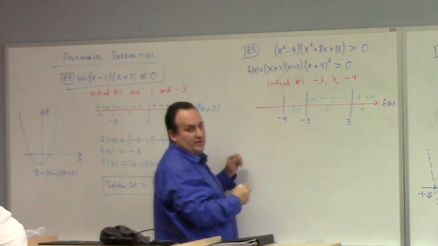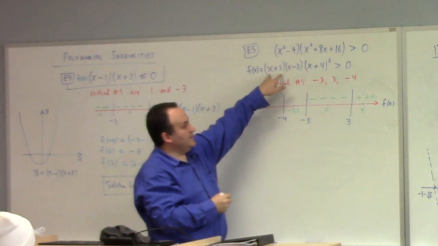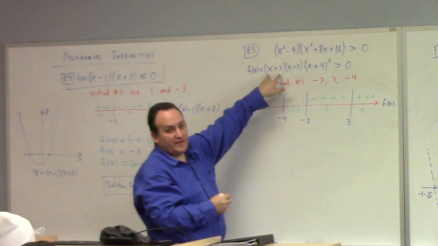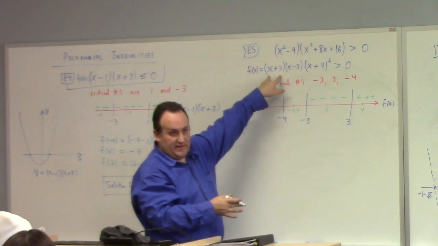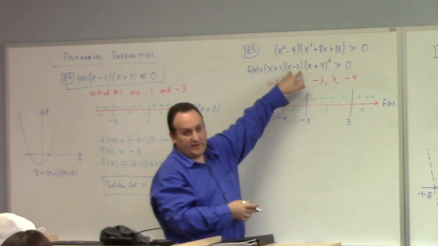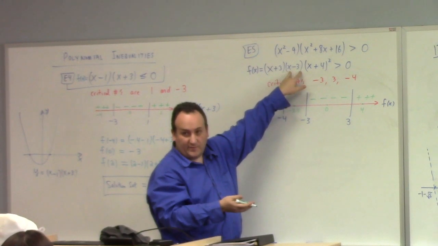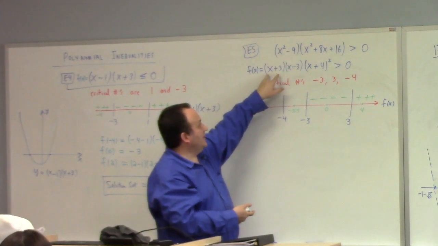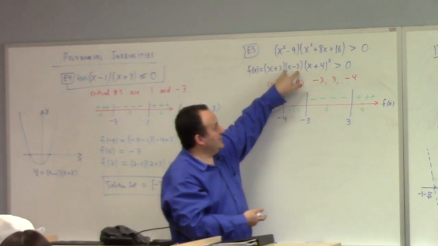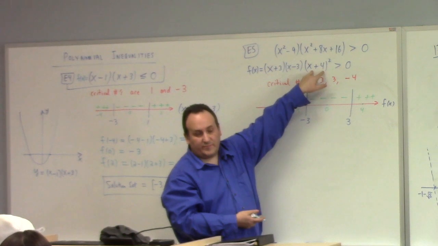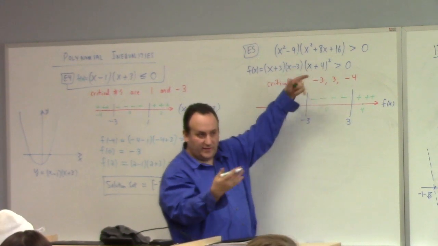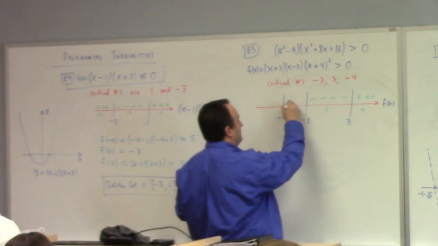If you plug -3.5 into this expression, what happens? -3.5 plus 3 is what? Negative. So this is negative. -3.5 minus 3 is -6.5. This is negative. So if you look at it, what you've got is a negative, a negative, and a positive. What's the product of two minuses is, again, plus, right? So I got plus here.